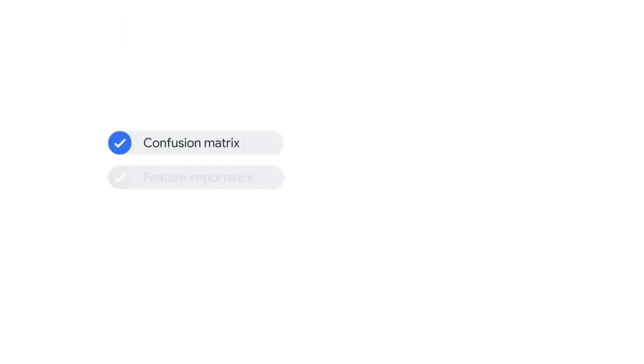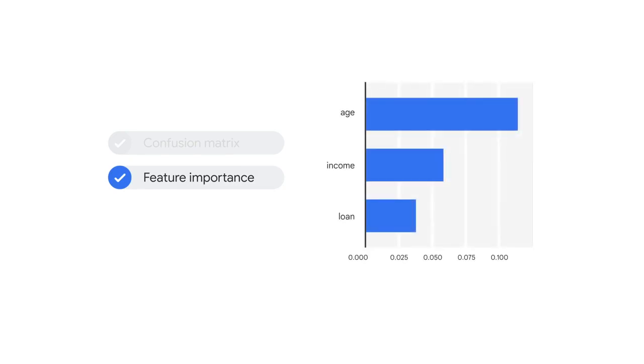In addition to the confusion matrix and the metrics generated to measure model effectiveness, such as recall and precision, the other useful measurement is feature importance. In Vertex AI, feature importance is displayed through a bar chart to illustrate how each feature contributes to a prediction. The longer the bar, or the larger the numerical value associated with a feature, the more important it is.